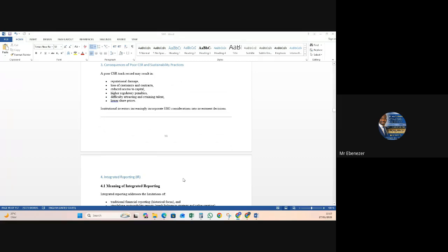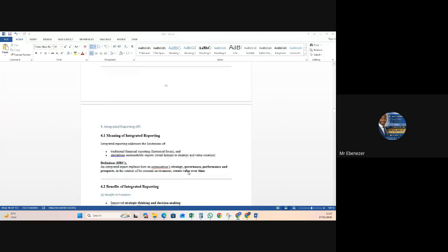Now, we also have integrated reporting. Integrated reporting addresses the limitation of the traditional financial reporting that we know, the income statement, financial position, and the rest of them, and standalone sustainability reports, whereby you prepare your sustainability report separately.